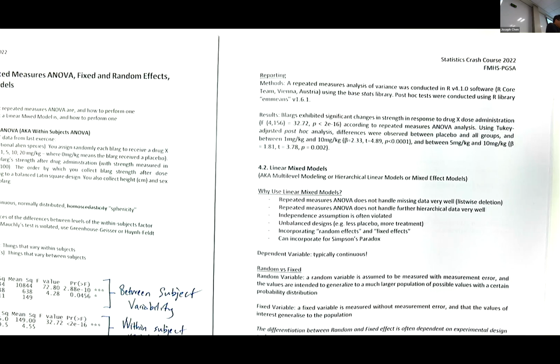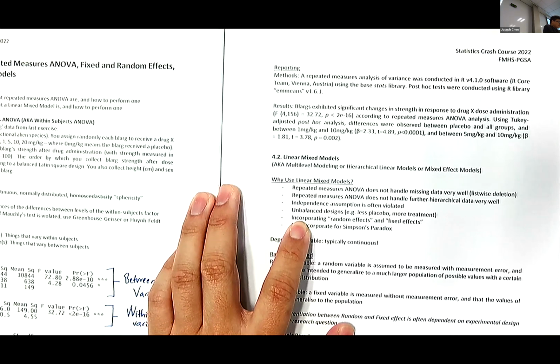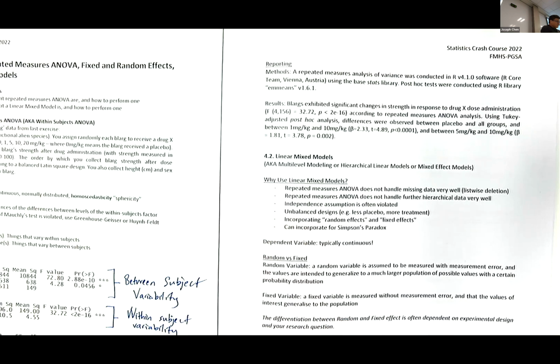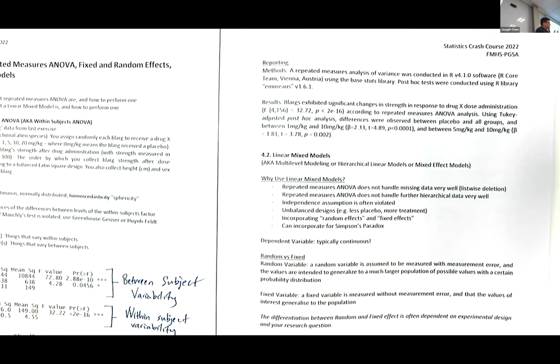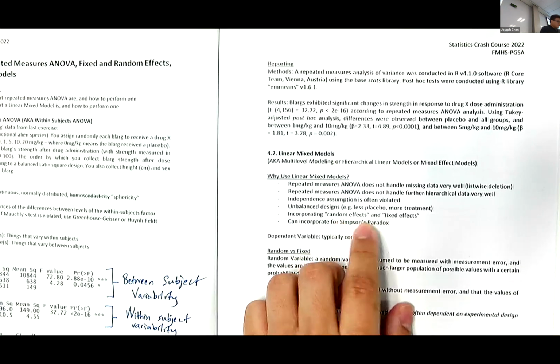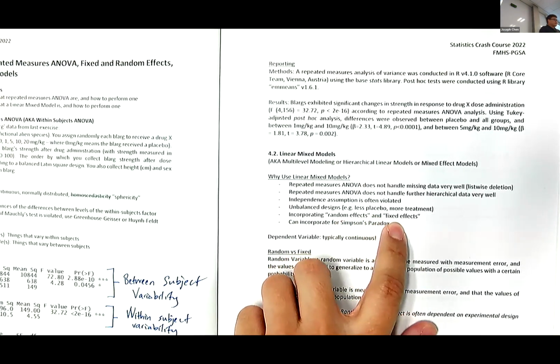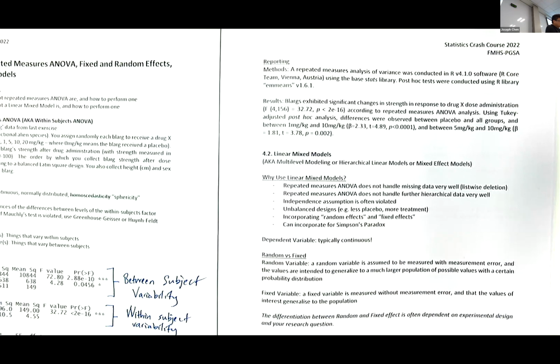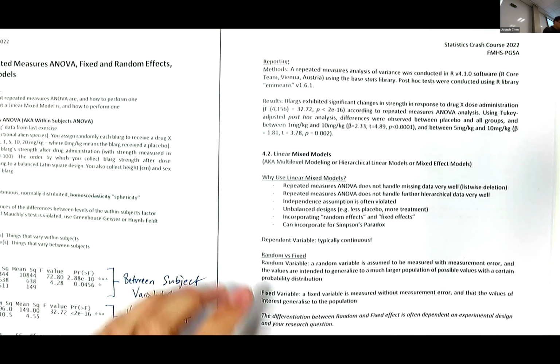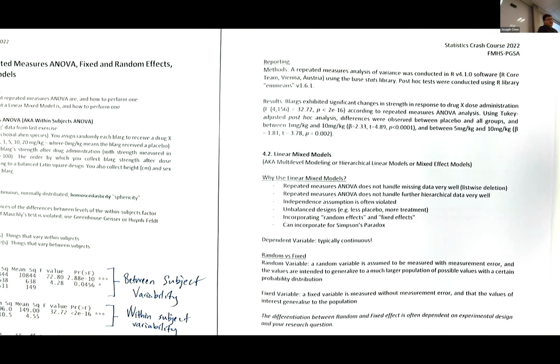So yeah. And also, why use linear mixed models? Well, the strength of it is because you're literally using mixed models, and the mixed refers to the fact that you have random effects and fixed effects. Now, it's very difficult to explain what random effects are. I will explain it later down here. But yeah, that's why they're called mixed effects, because they incorporate both random and fixed effects.